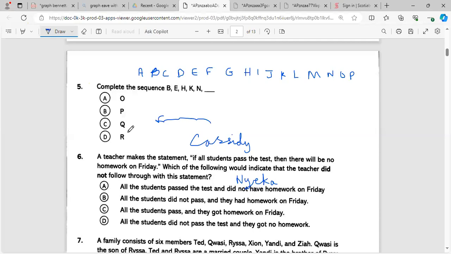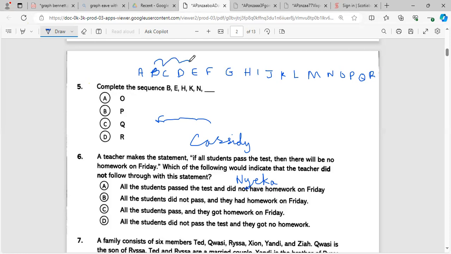It stops on this, so we can stop, right? P, Q, R. Sir, it's Q because you're adding 3. Because B, you have to add 3 to it to go on to E. And then E, you have to add 3 to it to go on to H, by 1, 2, 3. You're skipping by 3. Let's see if it's consistent.